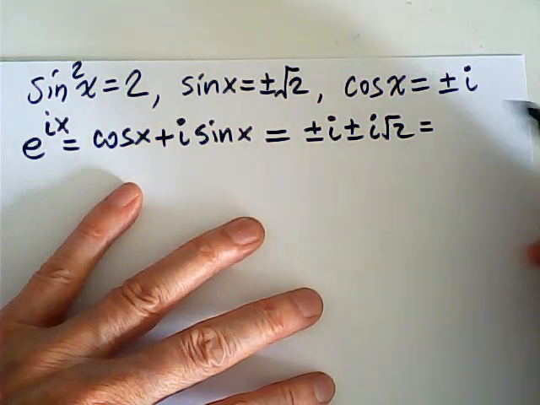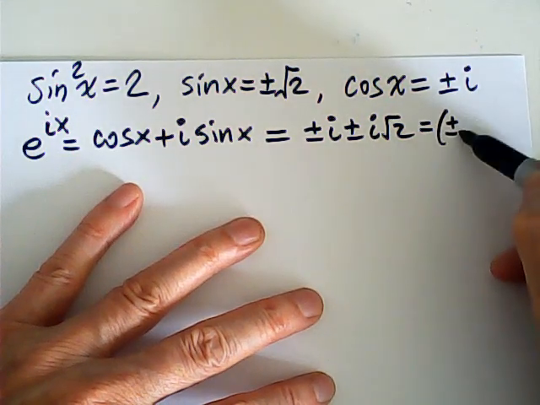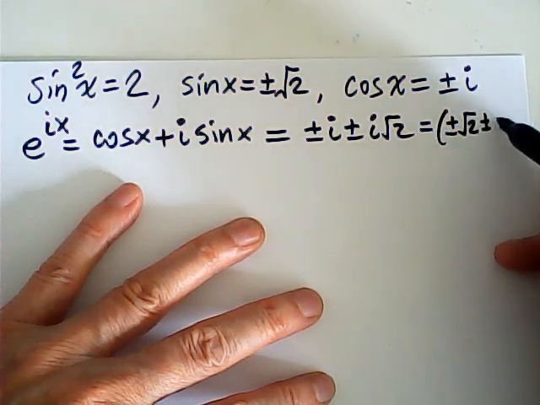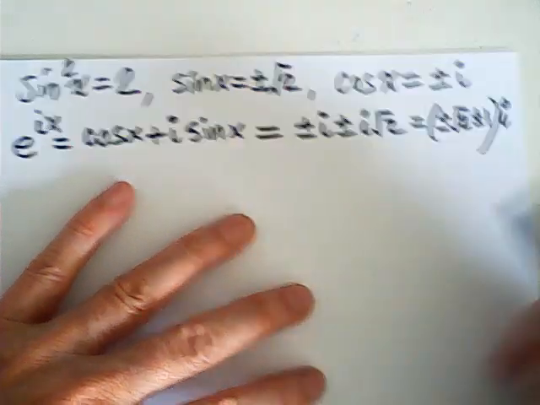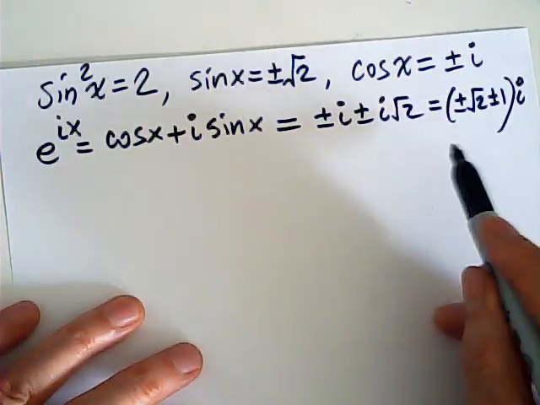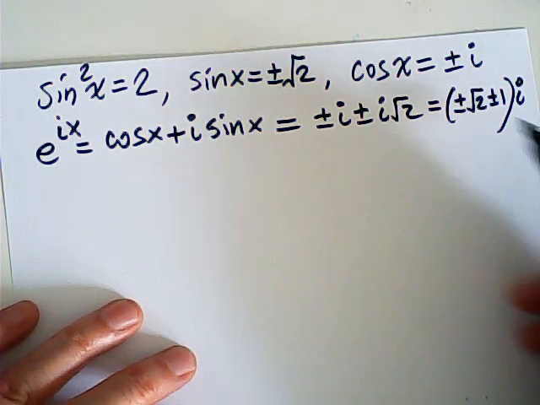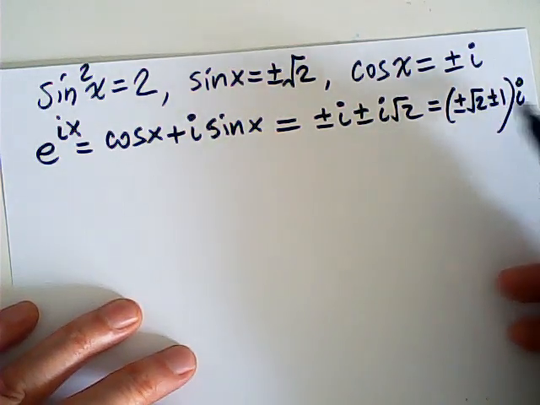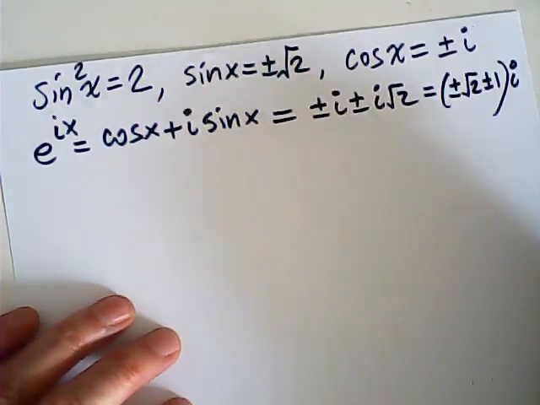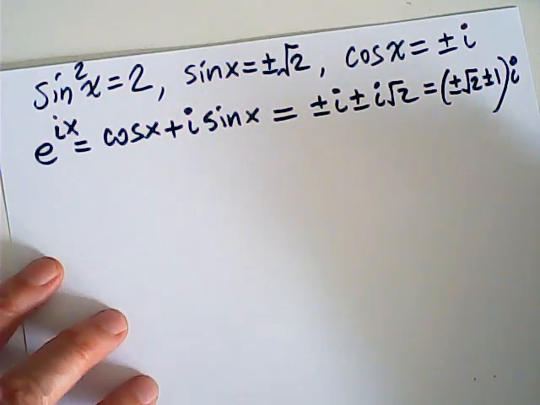So this is equal to plus or minus root 2 plus or minus 1 i. So there are 4 possibilities: both positive, both negative, one of them positive, and so on. So you have 4 cases there.